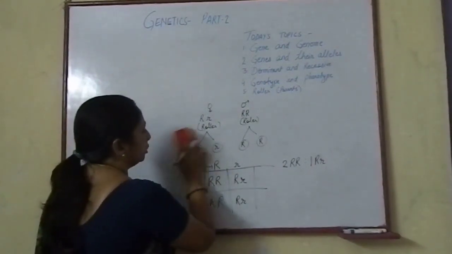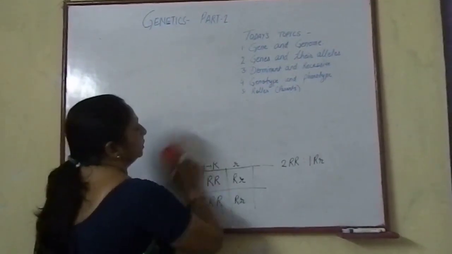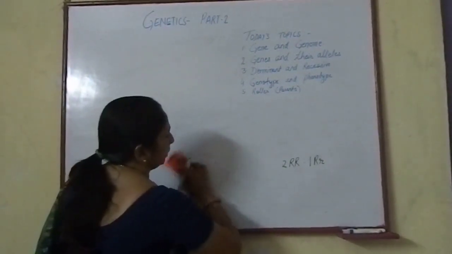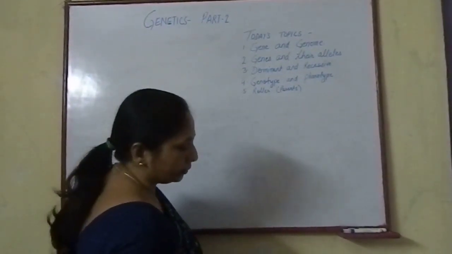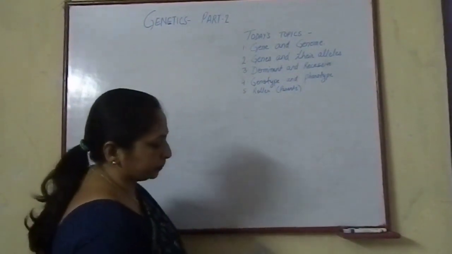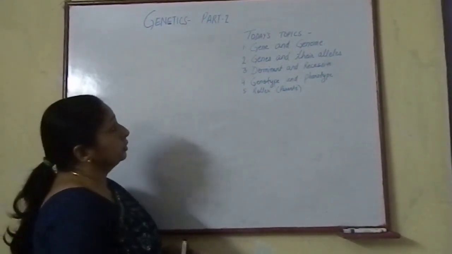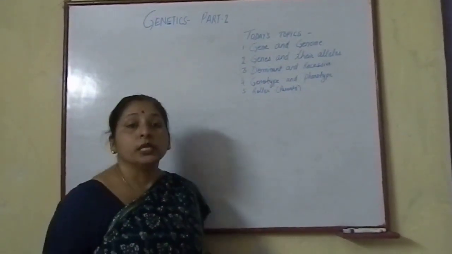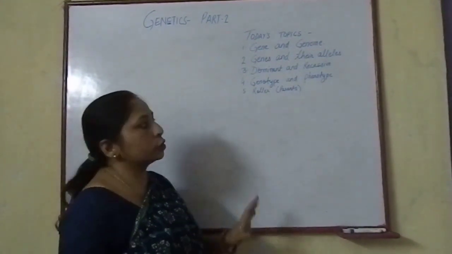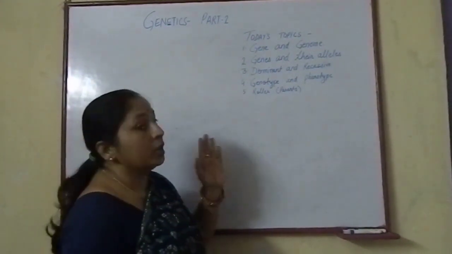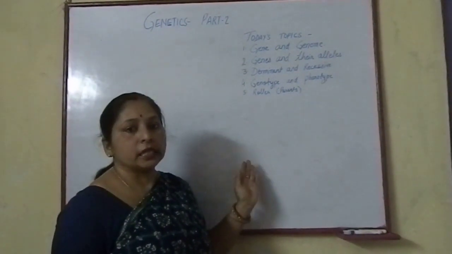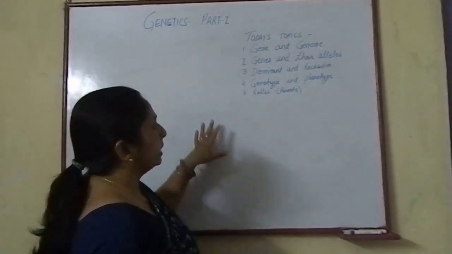So this is about the Punnett square, and let's have a quick revision of the topics we have discussed today. The first topic was gene and genome. Gene is the segment of DNA which codes for a particular character, while genome includes genes as well as the intergenic segments.